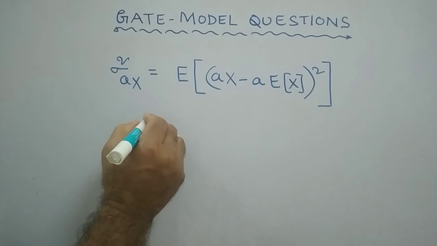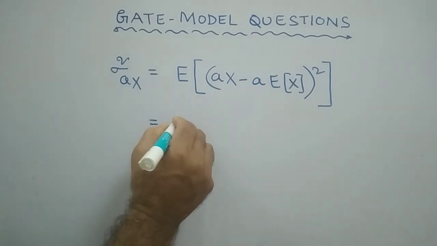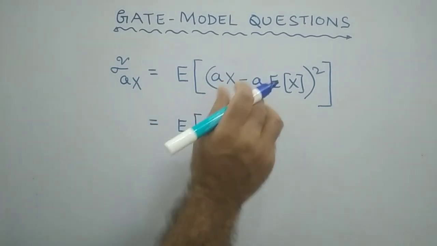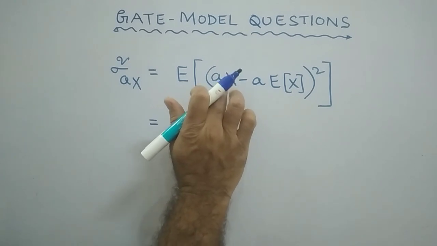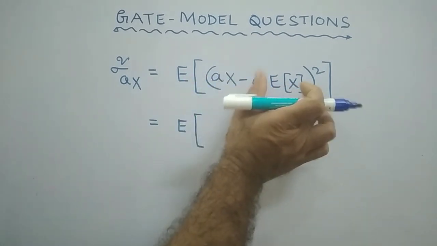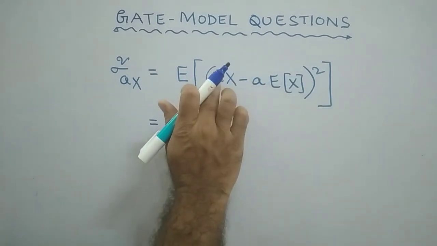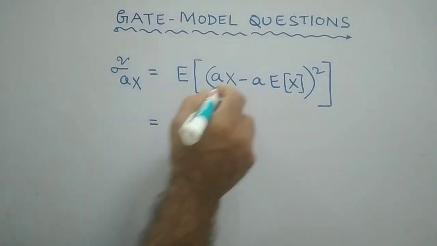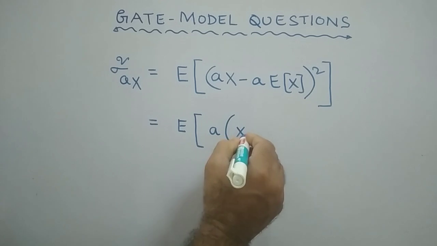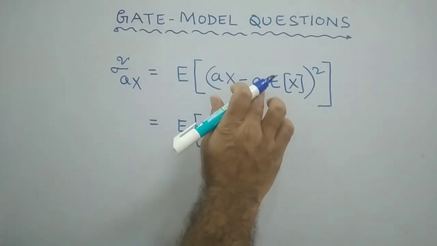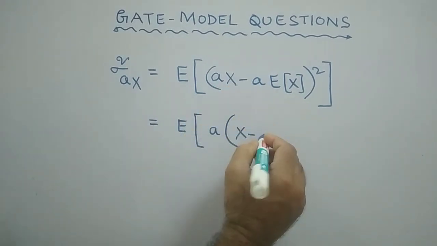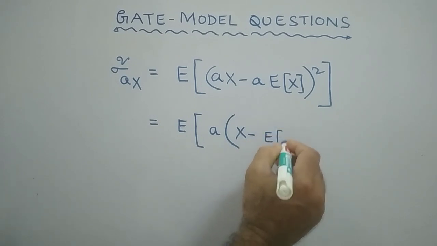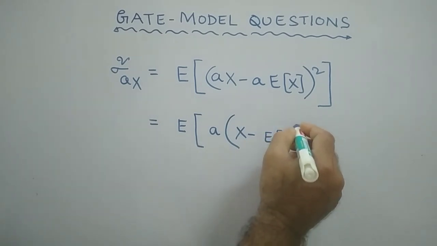This is equal to the expected value of, now, the first term a, minus the second term. In these two terms a is common, so take a as common. Therefore, x minus e of x, whole square.